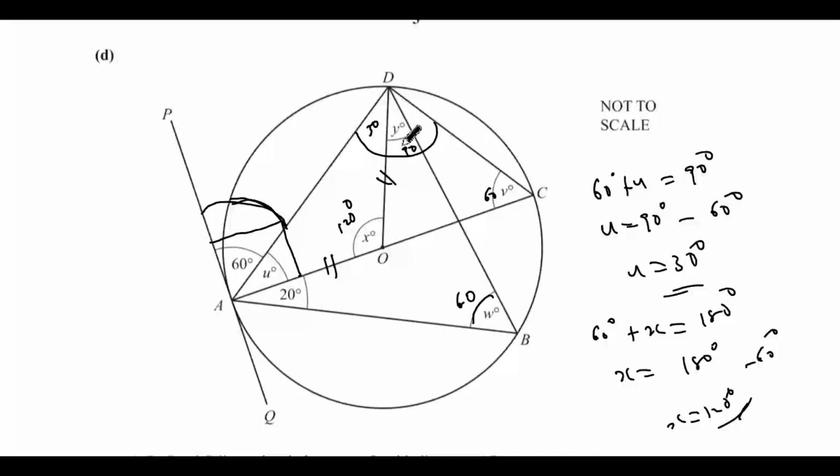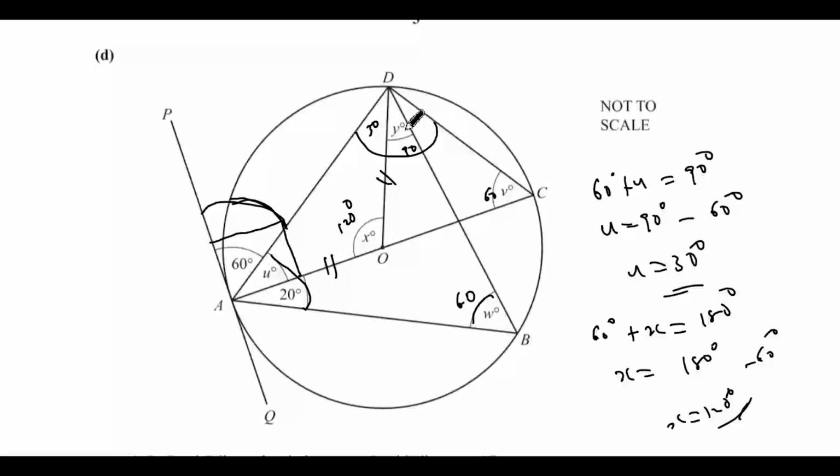I know that angle ADB is made up of these two angles, that is 30 and Y, and I can get the whole of this angle, that is 30 plus 20, as U is equal to 30, and I know that W is equal to 60.